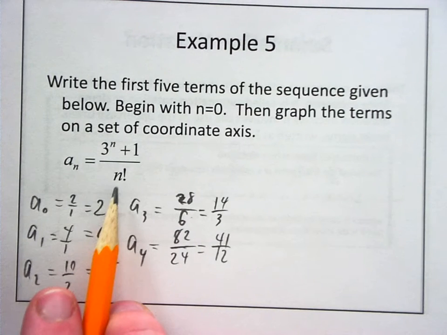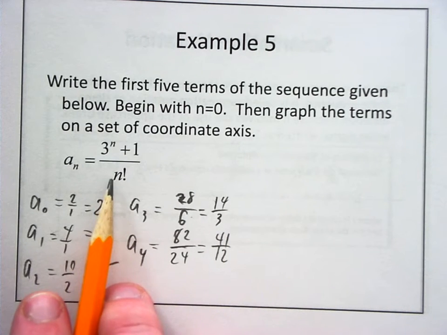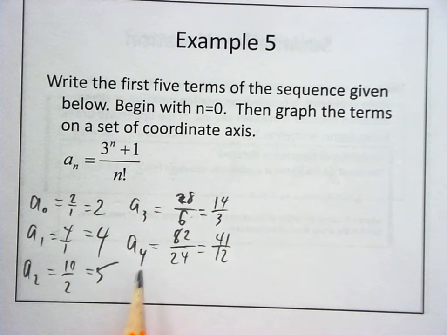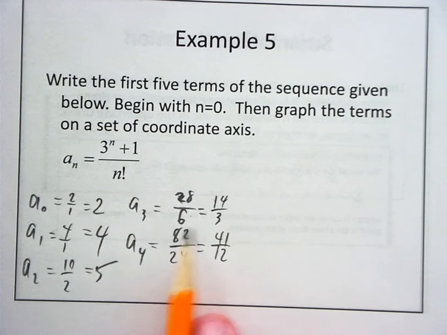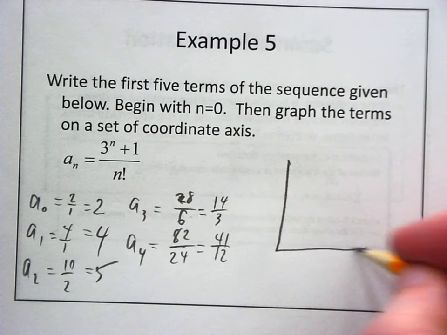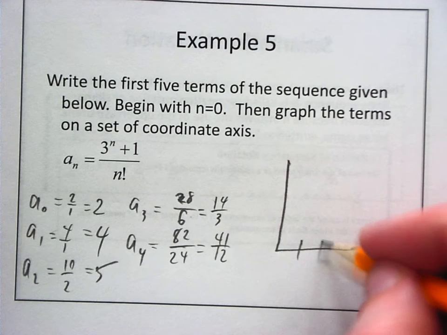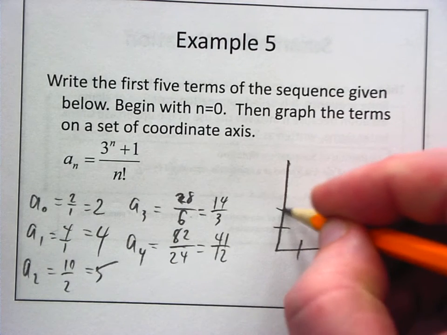You just multiply 3 times 2 times 1. So this denominator, I'm plugging in this 3, that's 3 factorial. For 4 factorial, you just do 4 times 3 times 2 times 1. Okay, so that's the 6 here and the 24 here. Then when you simplify, now if I go to graph this though, did we keep increasing? No. So at 0, we were up here at 2.